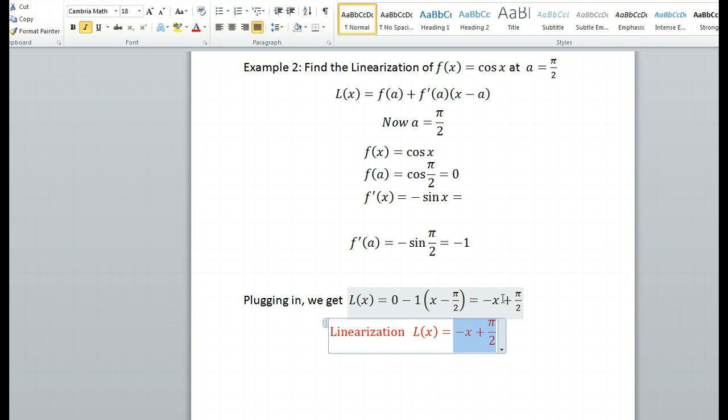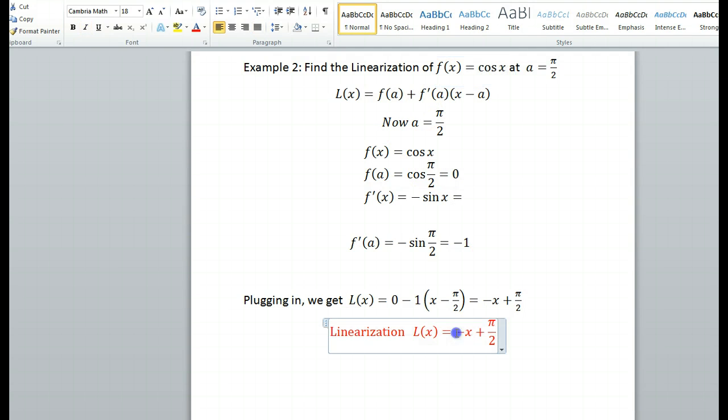So why is this useful? Because a lot of times in real life you get these very complicated formulas, and it's difficult to deal with these complicated equations for modeling certain situations. But life will be easier if you can approximate that complicated equation by a linear equation.